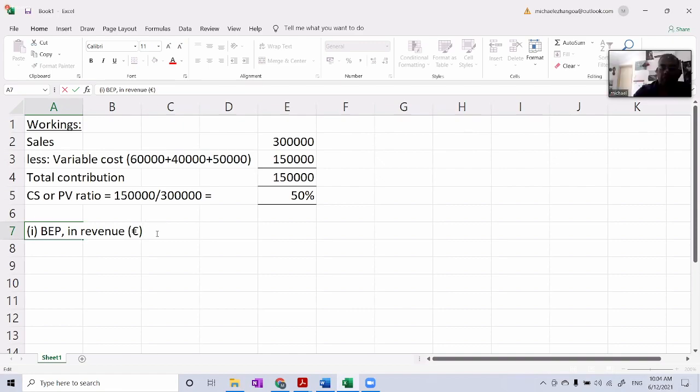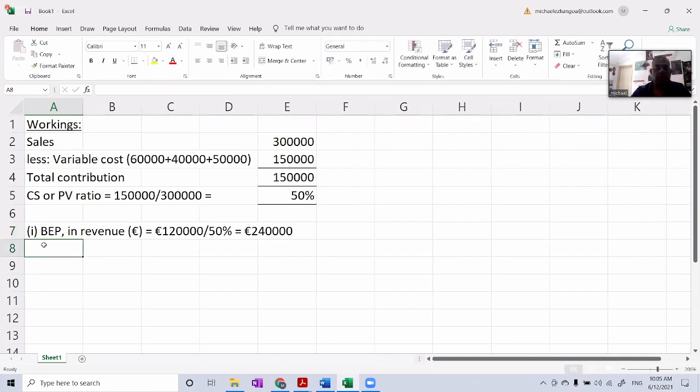So we take our fixed costs of 120,000 divided by 50%, which should give us 240,000. Then we have our margin of safety, which is expected sales 300,000 minus break-even sales of 240,000.